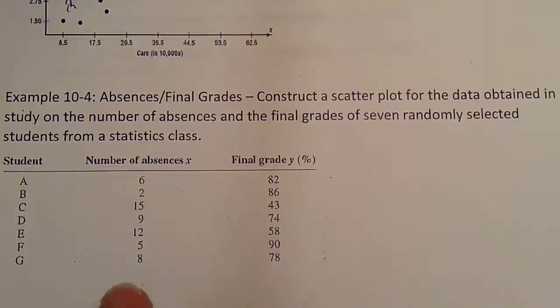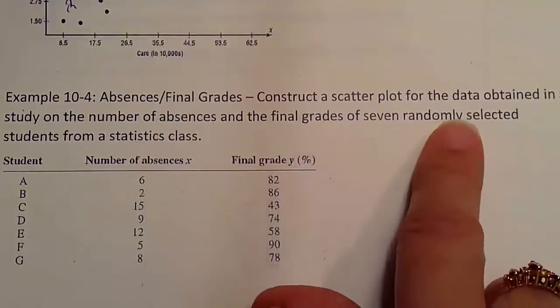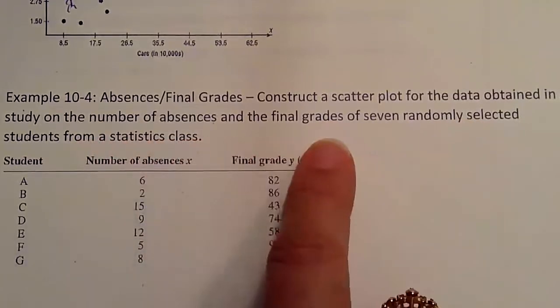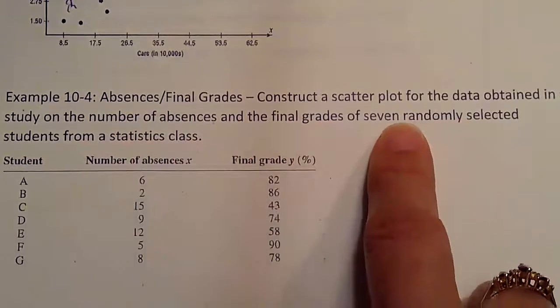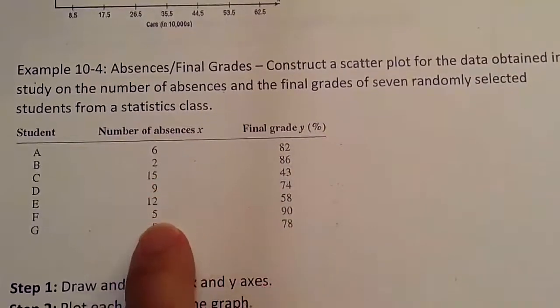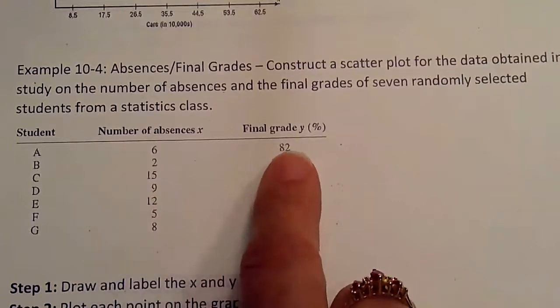That's exactly what's happening here for this data, the number of absences and the final grades. This was for 7 randomly chosen students. So here are their absences and then their final grades.